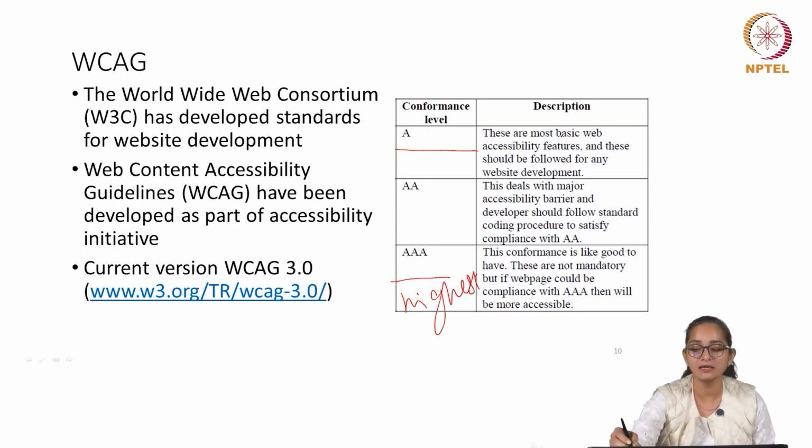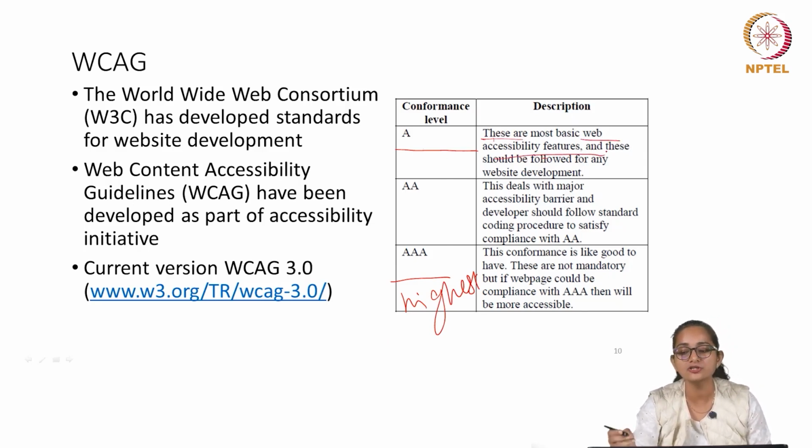So, A incorporates the most basic web accessibility features. These should be followed for any website. AA deals with major accessibility barriers, and developers should follow standard coding procedure to satisfy compliance. These aspects may need code level changes.